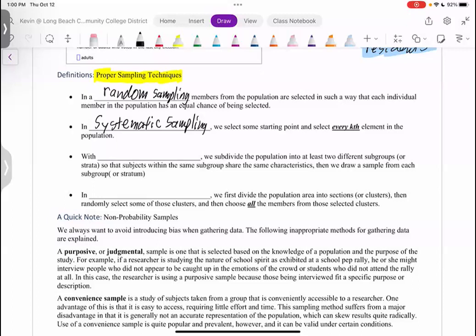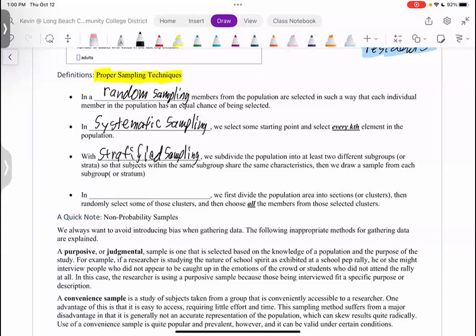Next up, we have stratified. With stratified sampling, we subdivide the population into at least 2 different subgroups so that the subjects within the same subgroup share the same characteristics.